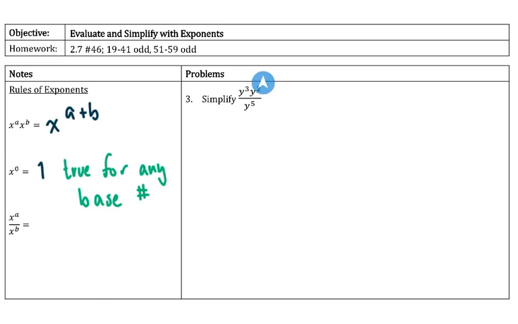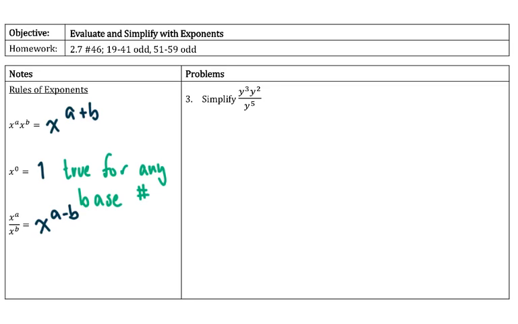You'll also notice that this example has a division symbol in it. So we'll also remind ourselves again that if we have x to the a divided by x to the b, this is where we get to subtract our exponents. So when we multiply, we add. Division, we subtract. If you can't remember that, the nice thing here is that that kind of looks like a subtraction sign right there. So if that helps you remember it, go for that.